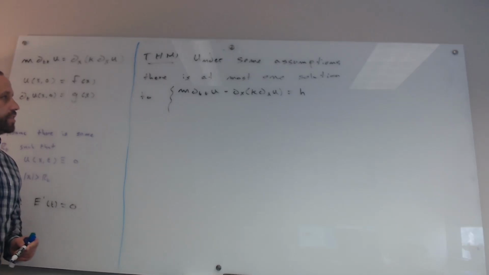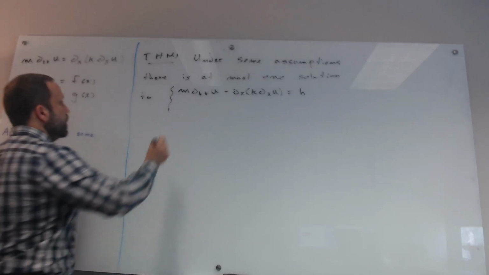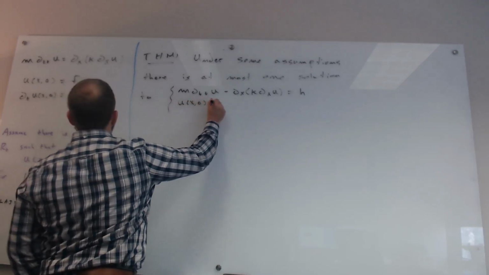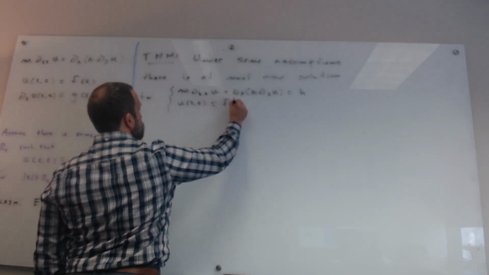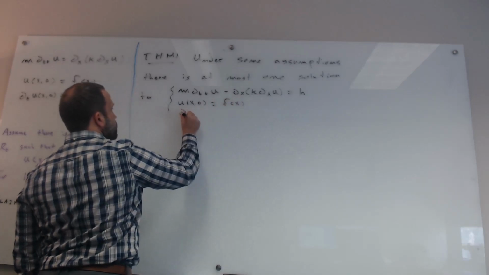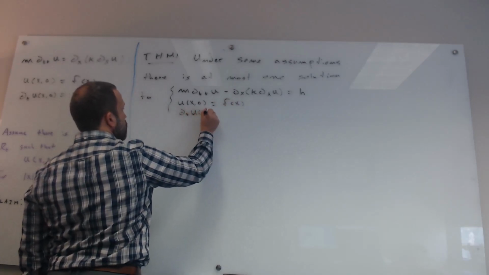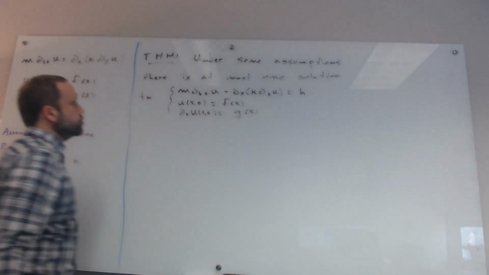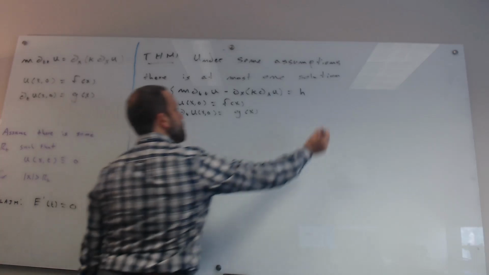Here h can depend on both x and t. And we've got u of x, 0 is equal to f of x, and the t derivative of u of x, 0 is equal to g of x. There's at most one solution to that problem.